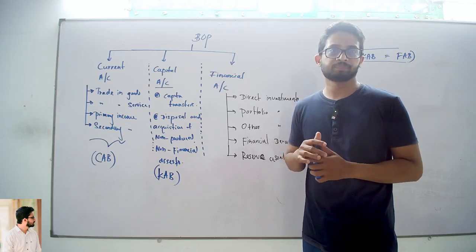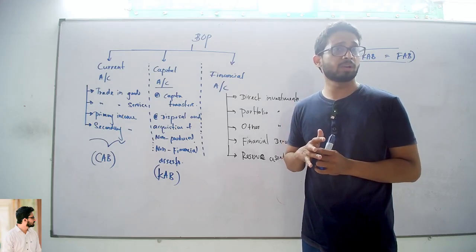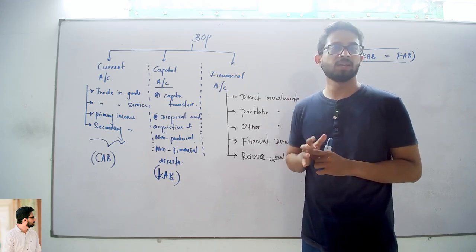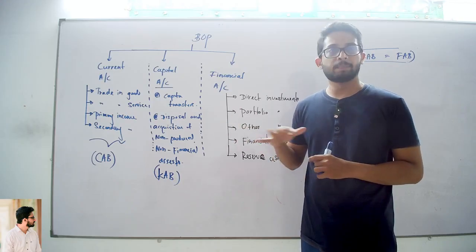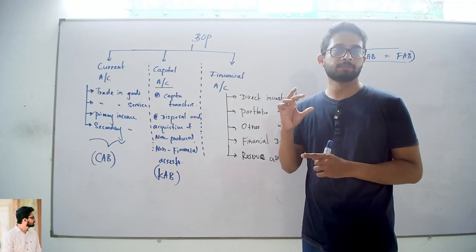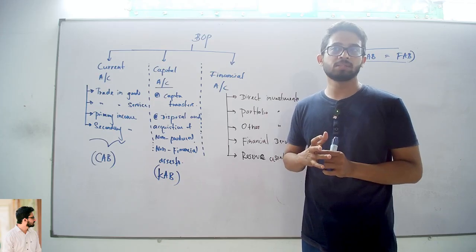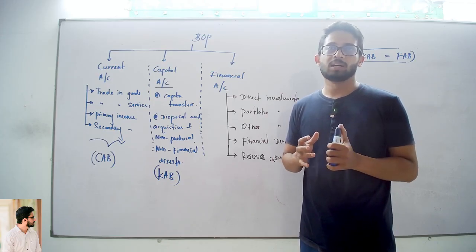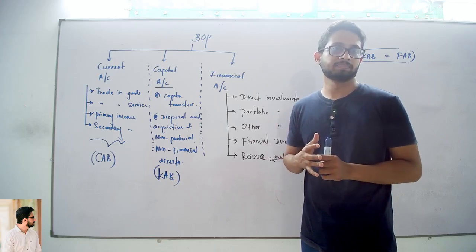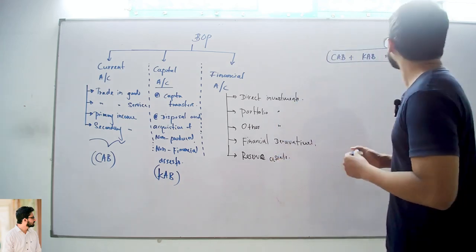What is that additional element? Suspense account. Same like that. If there is a temporary imbalance in the balance of payment, we use a separate item called errors and omissions. The purpose is to make our balance of payment balance. Remember that point also.